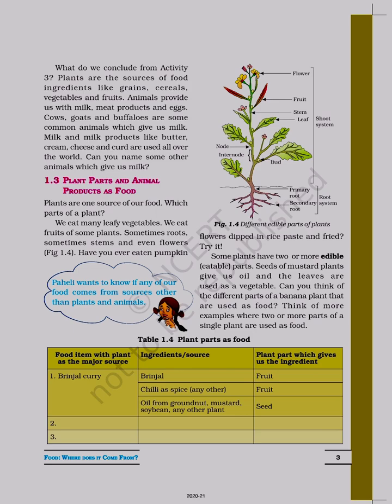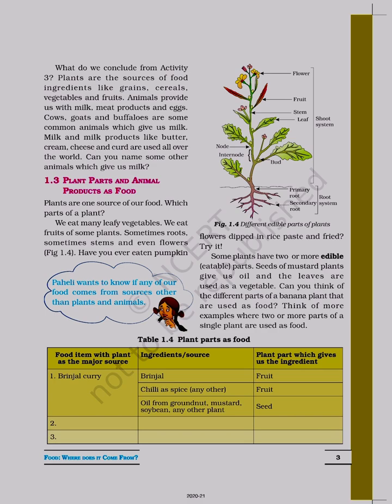Have you ever eaten pumpkin flowers dipped in rice paste and fried? Try it. Some plants have two or more edible, eatable parts. Seeds of mustard plants give us oil, and the leaves are used as vegetable. Can you think of the different parts of the banana plant that are used as food?